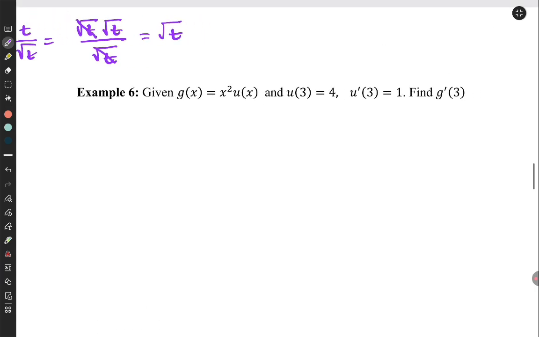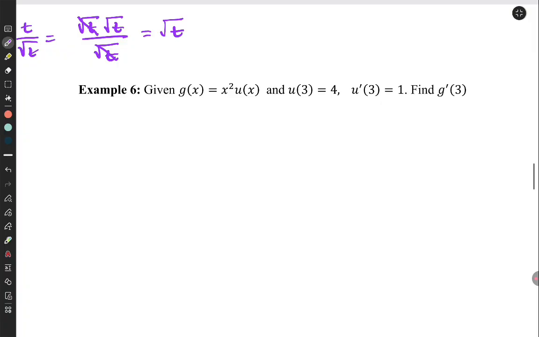Apply that to this: g equals x squared times u of x. They ask you for g prime of 3. This is a very typical and standard problem, asking for the derivative at a point, at a number. To get g prime of 3, you need g prime of x, the derivative.